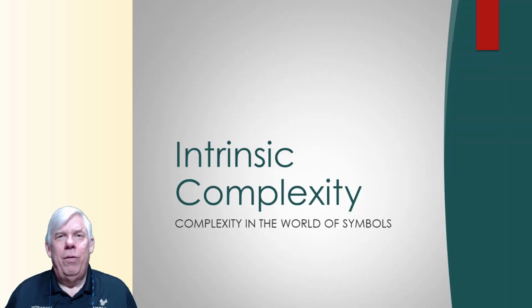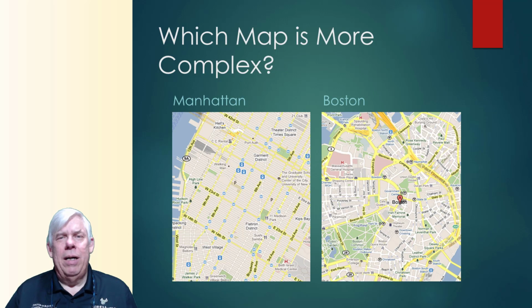Our second type of complexity is what I call intrinsic complexity, and this is complexity in the world of symbols, or complexity in how we represent the tasks that we are performing. To illustrate the concept of intrinsic complexity with an example, let's take a look at these two maps, the map of Manhattan and the map of downtown Boston.